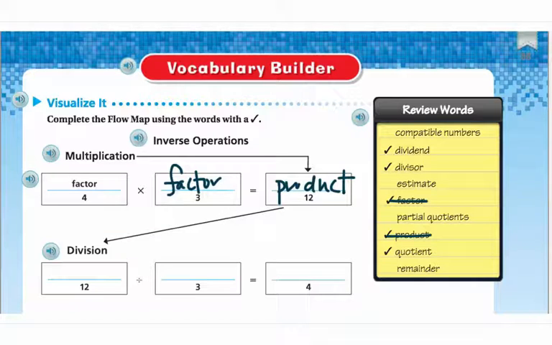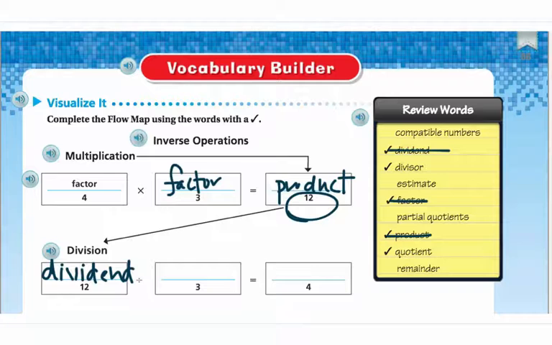Now, boys and girls, this is called a flow map because we can use the flow of this map to help us relate multiplication to division. It says a factor times a factor is equal to a product. However, if we want to use inverse operations to figure out an answer, a product becomes the dividend in a division problem. Notice, again, we have the number 12, which is the product in this case, but when we're doing a related division fact, it becomes the dividend.